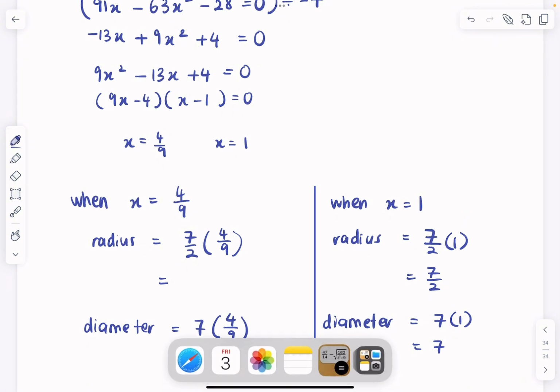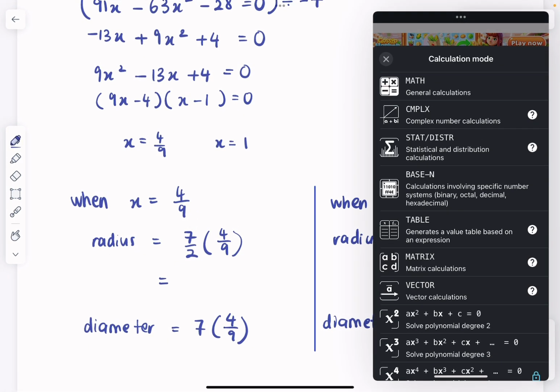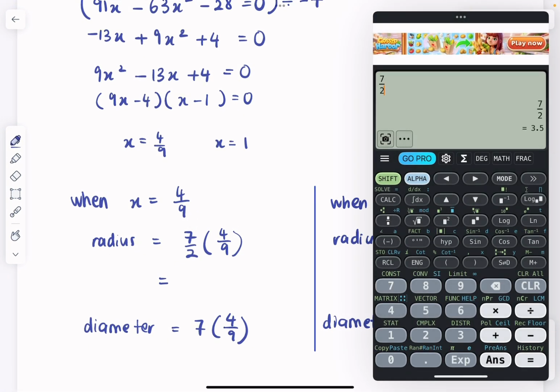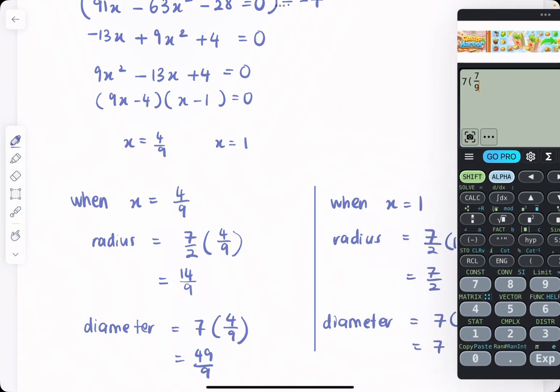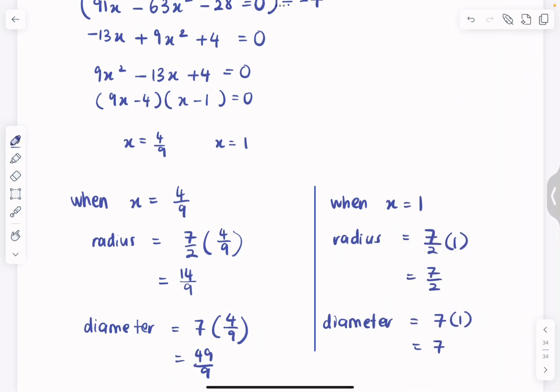So let's complete the other one: 7 over 2 times 4 over 9 is 14 over 9, and 7 times 4 over 9 is 28 over 9. Okay, done. This will be our final answer of radius and diameter.